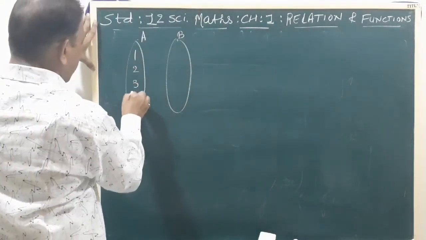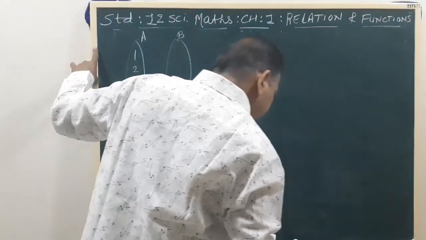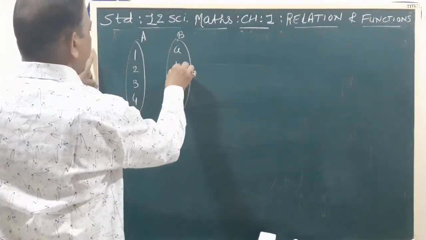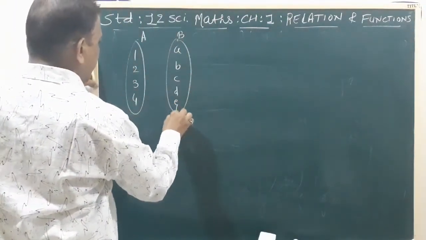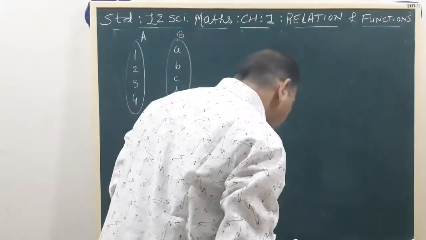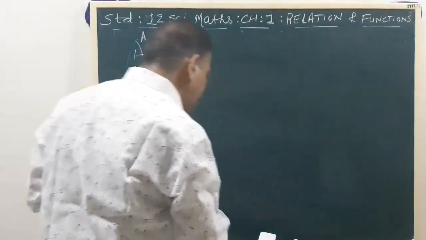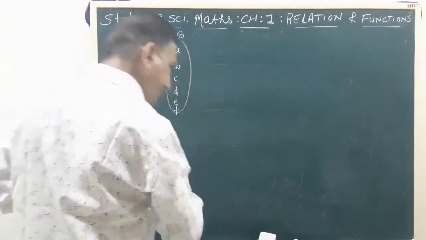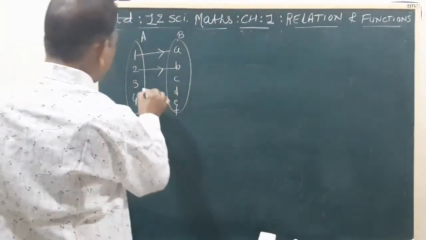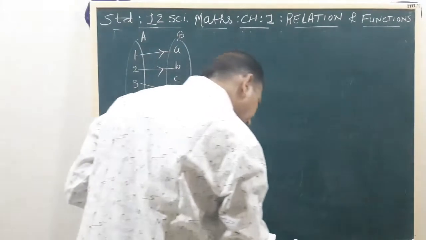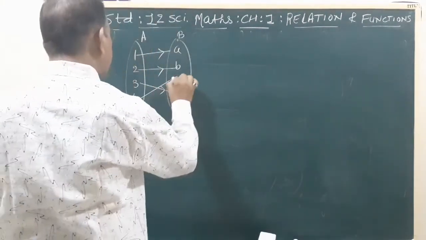Now your textbook example: A, B, C, D, E, F. Okay, 1 relates to A, 2 relates to B, 3 relates to D, and 4 relates to C.